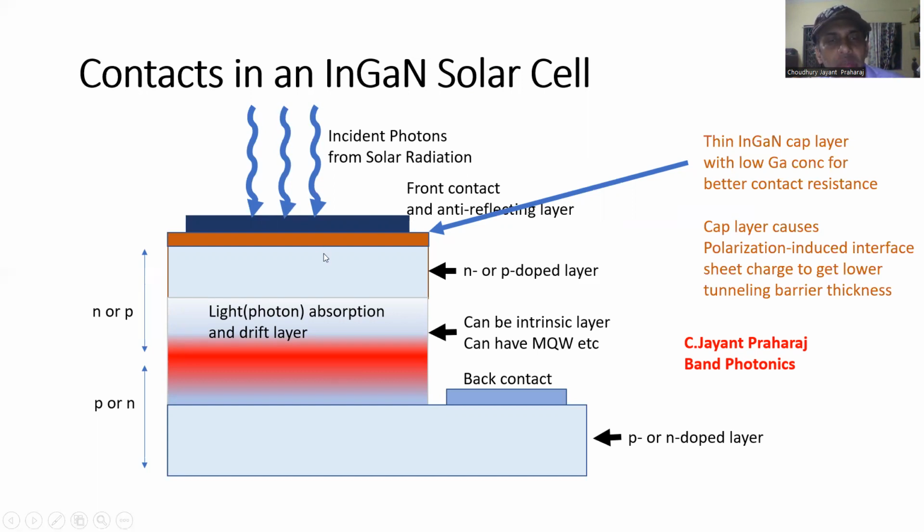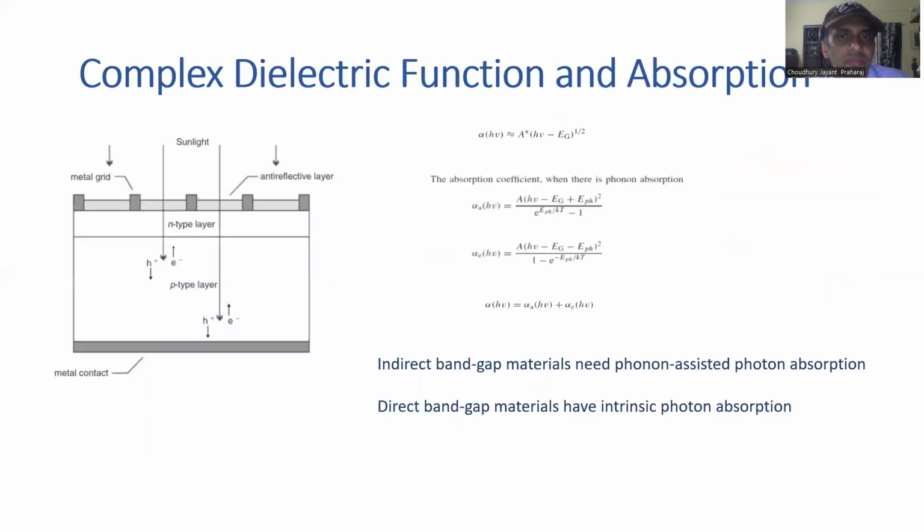So for instance, if the top layer is p-type, then we may need a cap layer because, as we'll see in more detail later, the p-type layer is more difficult to make contacts to in these kinds of materials. The cap layer causes polarization-induced interface sheet charge, and that helps get a lower tunneling barrier thickness, and that helps lower the contact resistance in these materials. So that is a consideration to keep in mind while designing contacts in these indium gallium nitride solar cells in order to reduce voltage drops and to get maximum power conversion efficiencies.